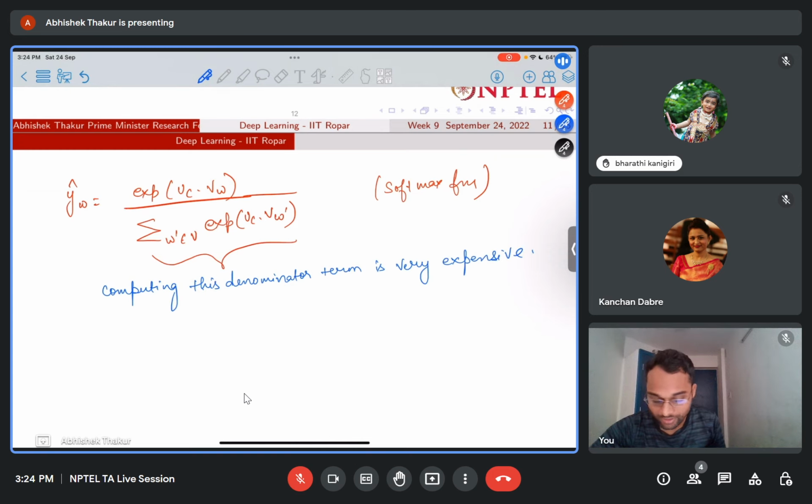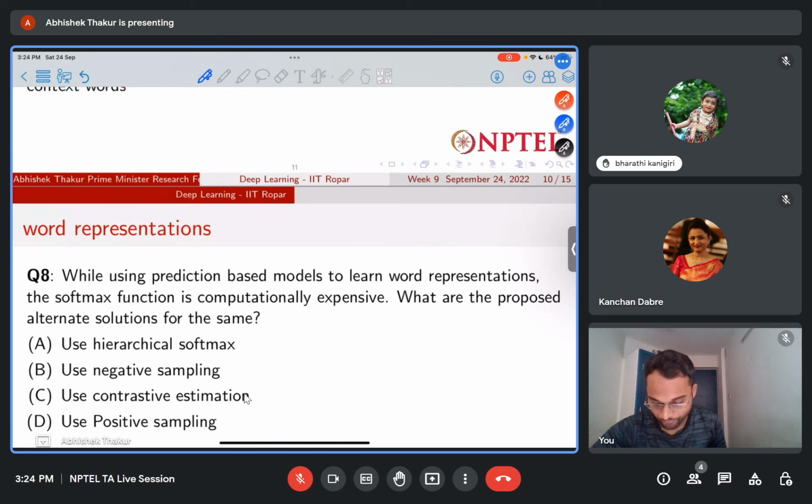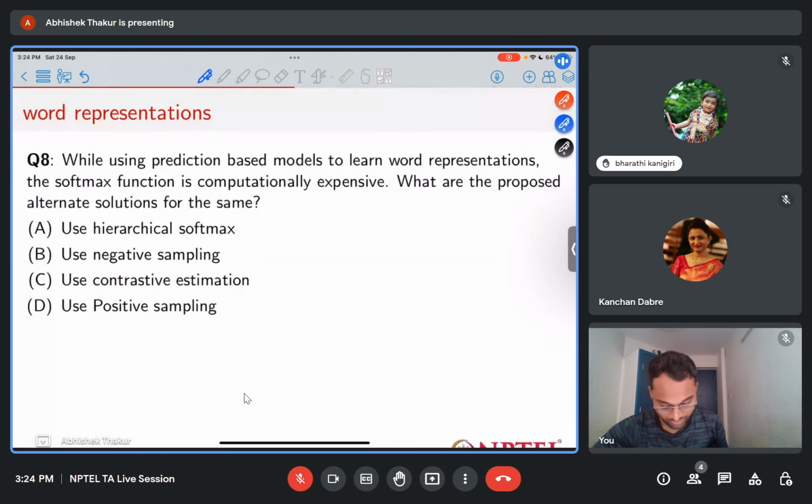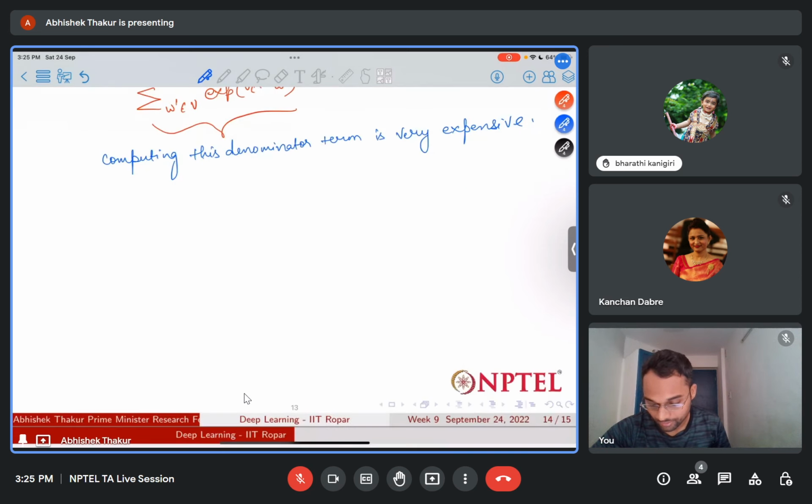So we have many solutions for this. We use negative sampling, hierarchical softmax, and contrastive estimation. This is a multiple select question, so we use all these three.